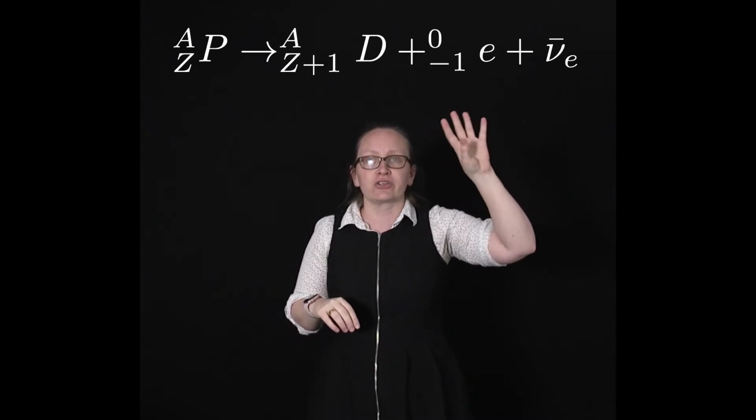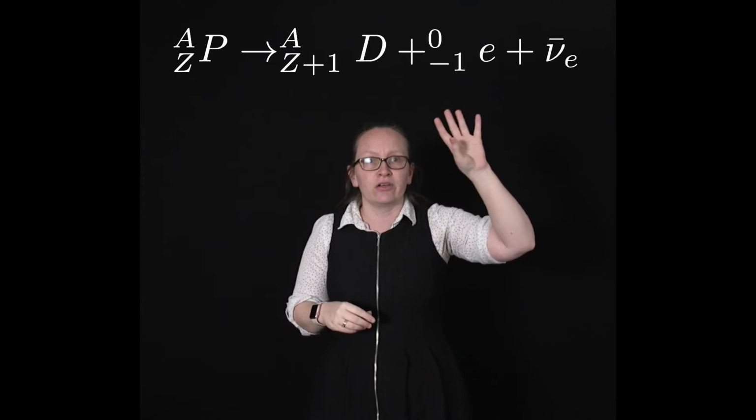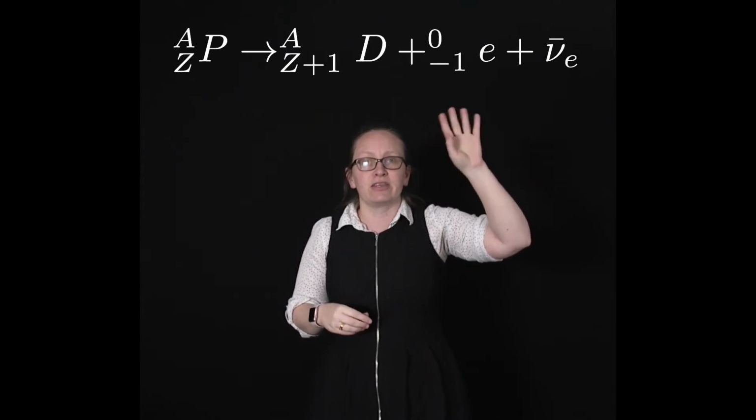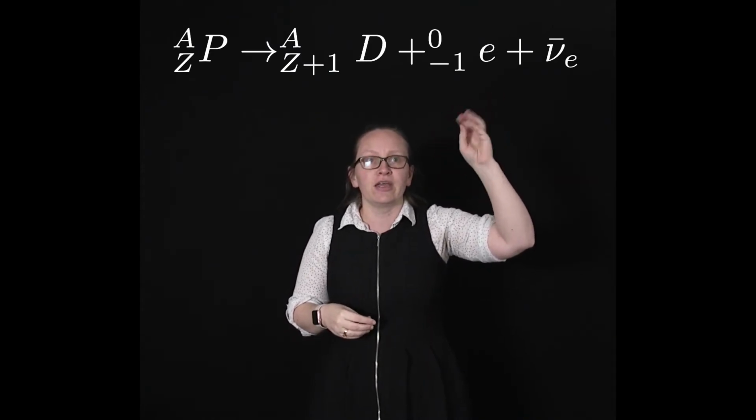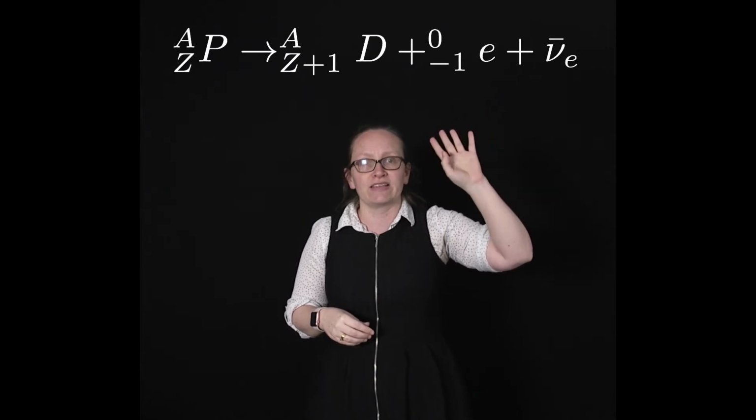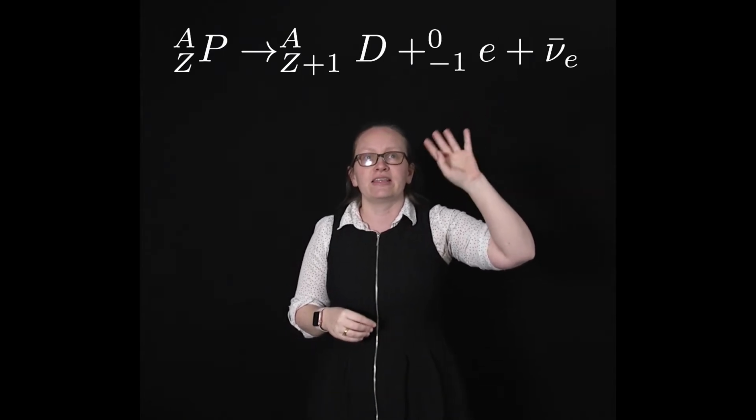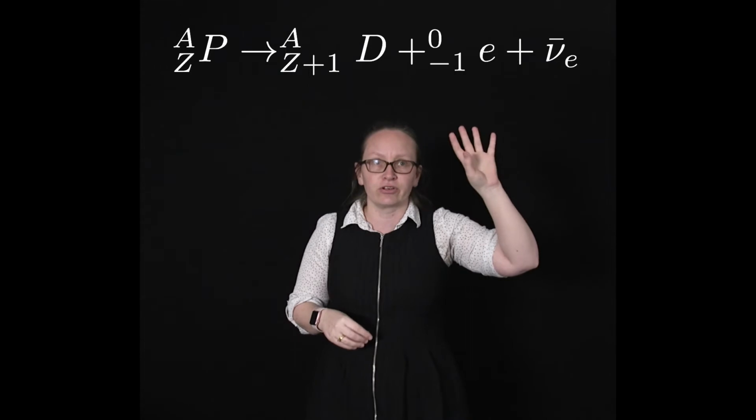And then we also need an anti-neutrino, which we can write with the Greek letter nu, and the line over the top indicates that it's an anti-neutrino, in this case an anti-electron neutrino.